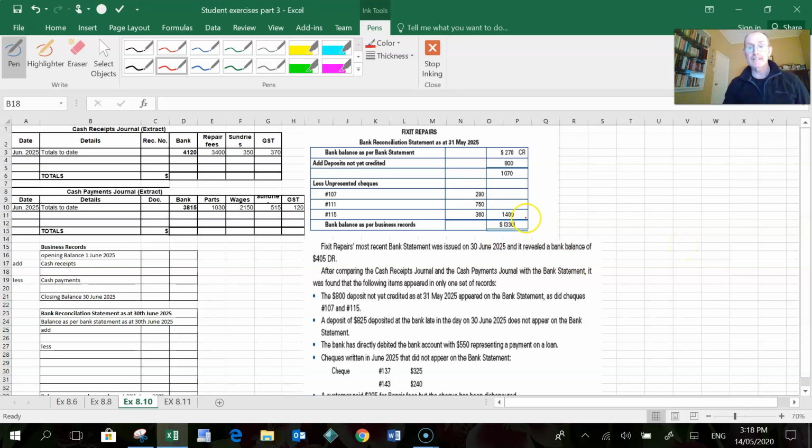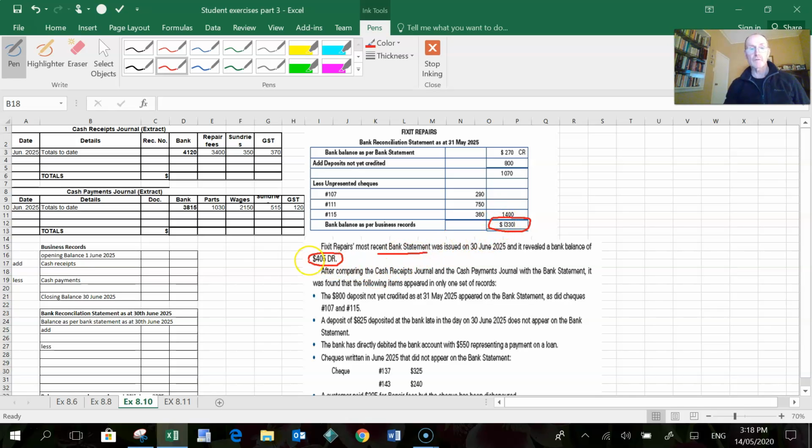Right, so there's the balance at the end of last month as per your accounting records, and there's the most recent bank statement, and that's the balance as per the bank statement records. Once you identify those two, that's very important because you now know where to put them.